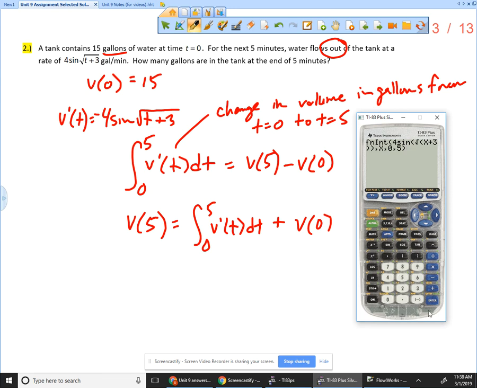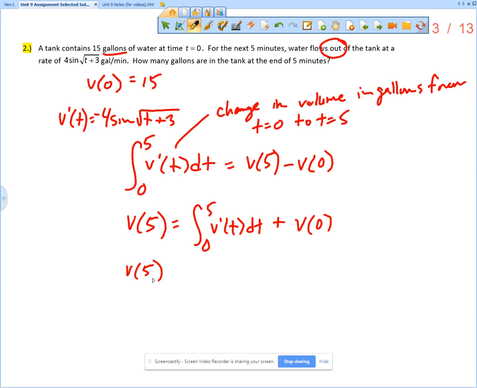Now, what did I say? We expect this number to be negative. Is that true? Well, remember, this is the amount that has flowed out, so that is a negative number. So negative 13.871. So V of 5 is going to be approximately negative 13.871 plus V of 0, how much was in the tank initially.